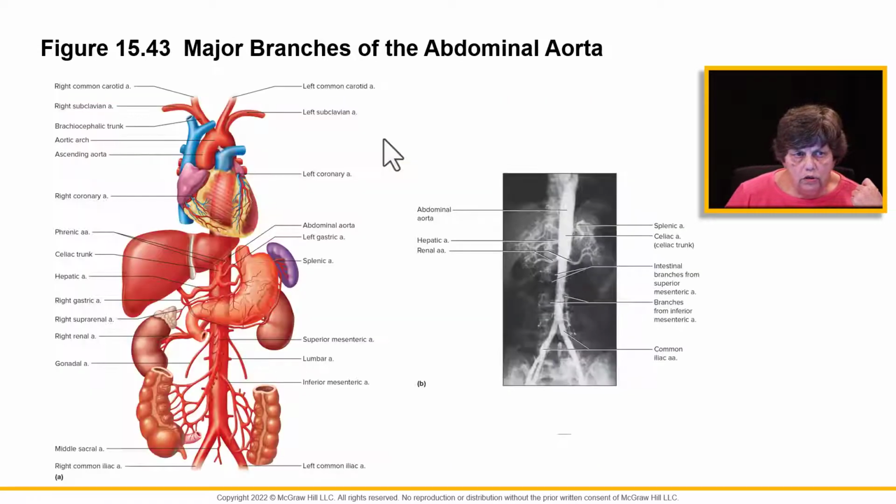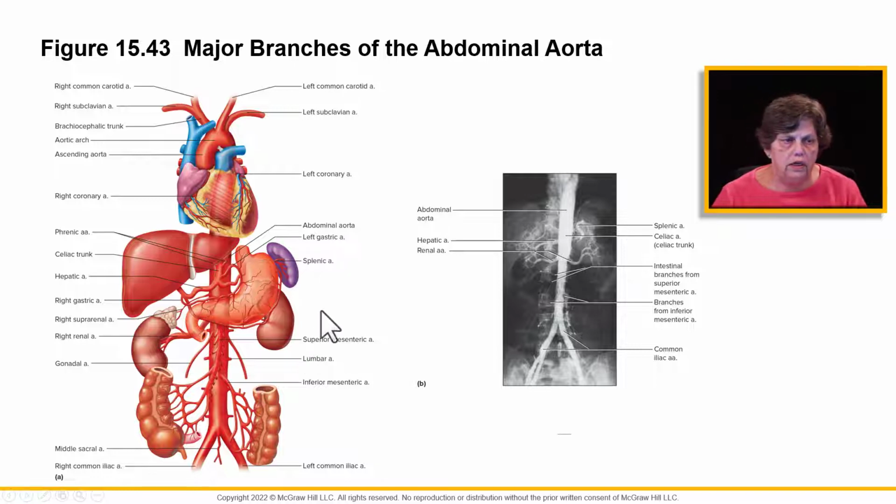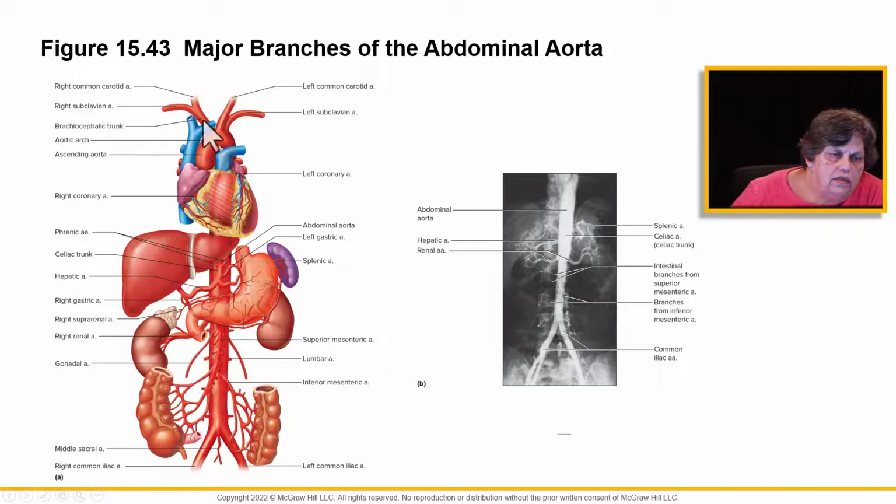The ones that you're going to be responsible for are going to be the ones that I'm doing in the dissection. So make sure you go and look at the dissection. But you can see this descending aorta coming down, and you have the celiac trunk breaking off, which goes to the hepatic, splenic, and gastric arteries. Then you're going to break off and go to your kidneys, the renals.